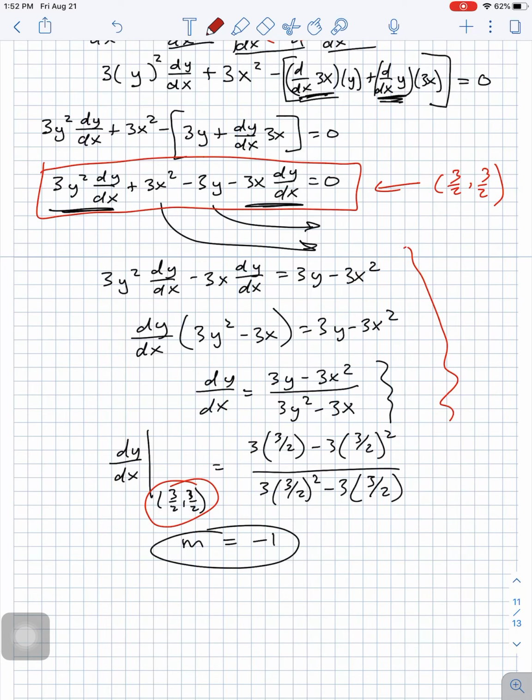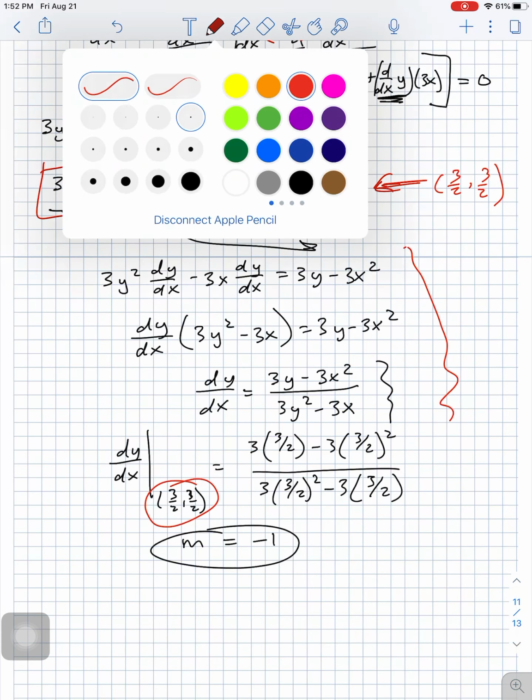I didn't do that because I wanted to show you and give you more practice with this algebra that you will have to do on some problems. But the sooner you can plug that number in, the faster it is to get to your slope. And you still solve it for dy dx, but you don't have to do all this manipulation. Okay, so you could go back and you could try this problem plugging in this point here and make sure that you get the same answer.